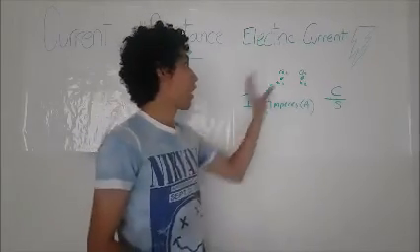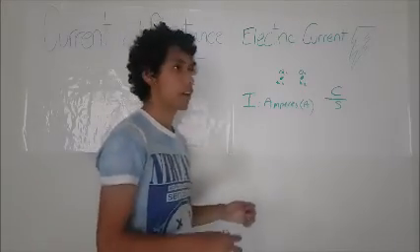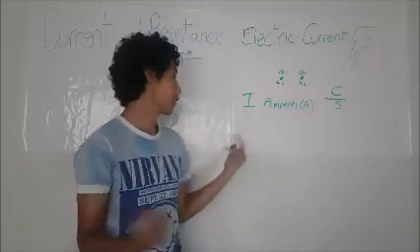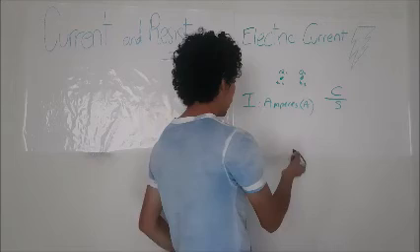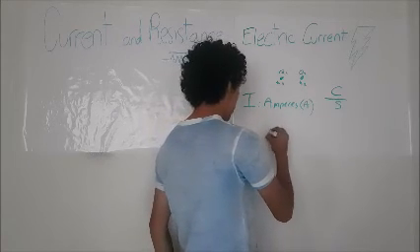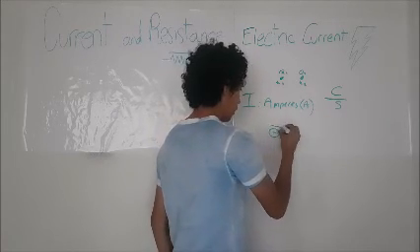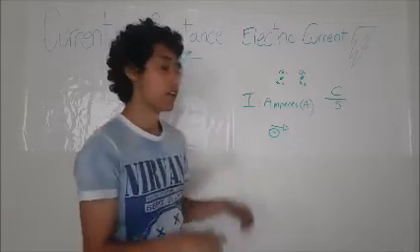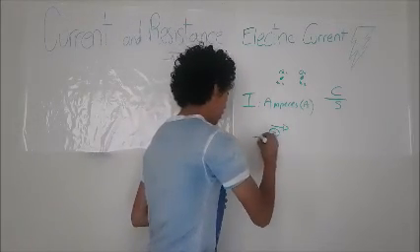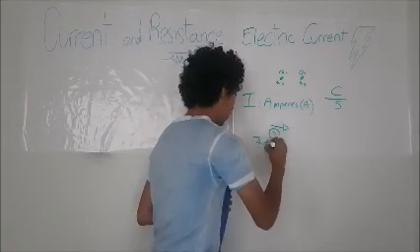The thing that makes a current move are the electrons, but not exactly, because when an electron moves this way, the current will go the exact opposite way.